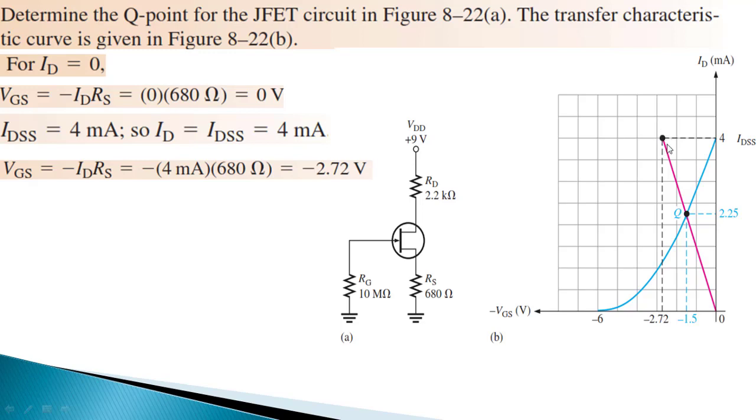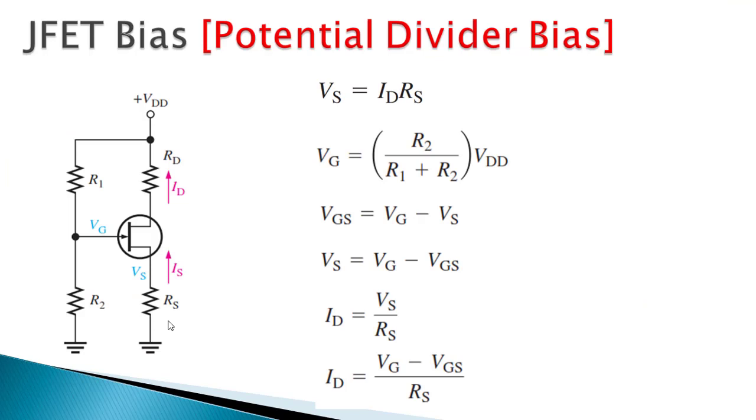We connect this point to the origin 0, and we get another point Q. At that Q, the current value is 2.25 and the voltage is minus 1.5. So the operating points are ID equal to 2.25 and VGS equal to minus 1.5 volts. So this is a simple problem for JFET self bias.